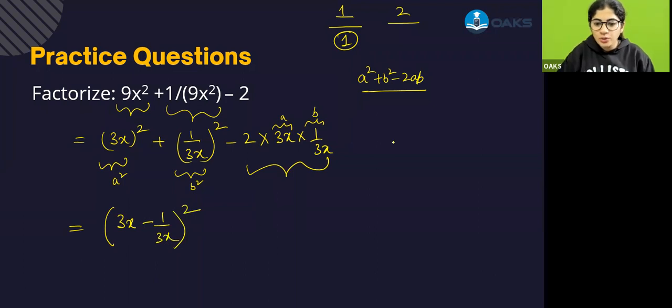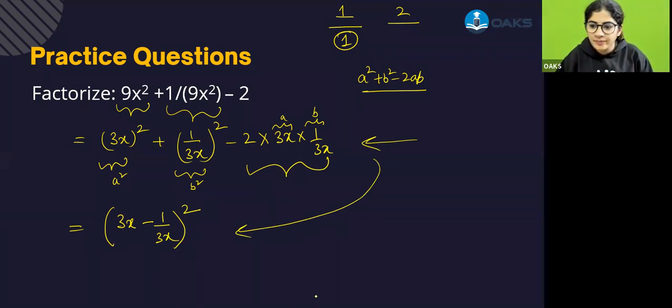So Bhavna, you have done till this part. So you need to just write 3x minus 1 by 3x whole square. Is that correct? Okay, great. So this was the question. Now I did this question in just 2 steps. You may need 2 or more steps here. Just you need to write the identity here always.